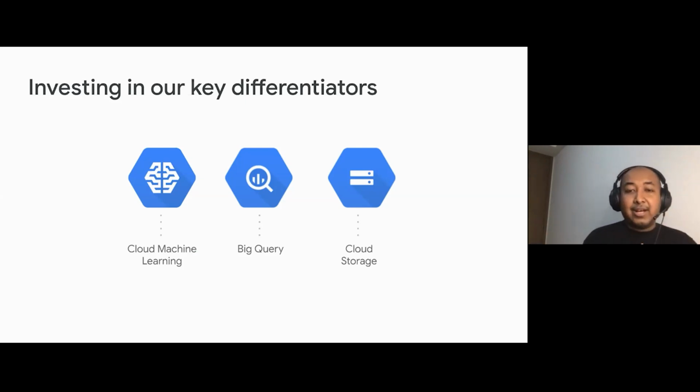For example, if you take Google Photos, there you find Google Cloud machine learning. If you type in Gmail, you would find machine learning there. You will find machine learning being used in many of Google's products. The same technology and knowledge that Google has, Google has also made available for the public through Google Cloud Platform.